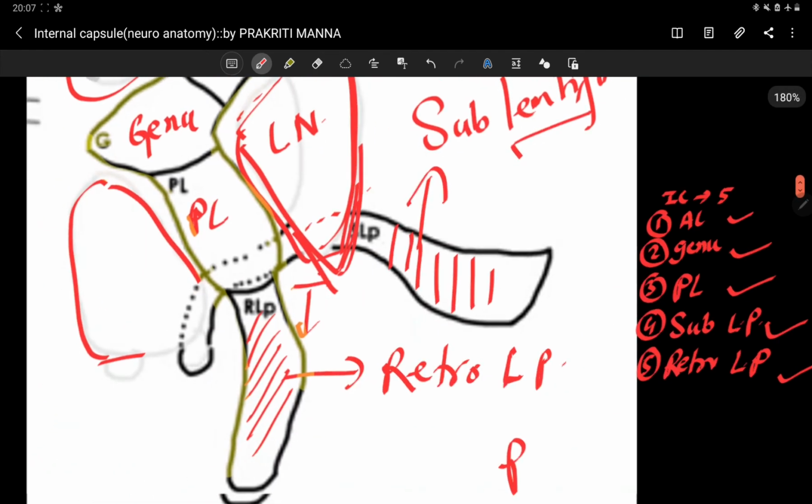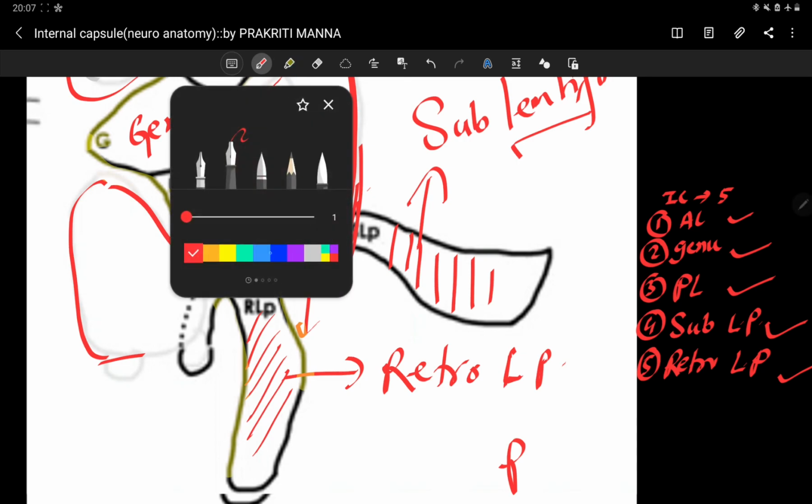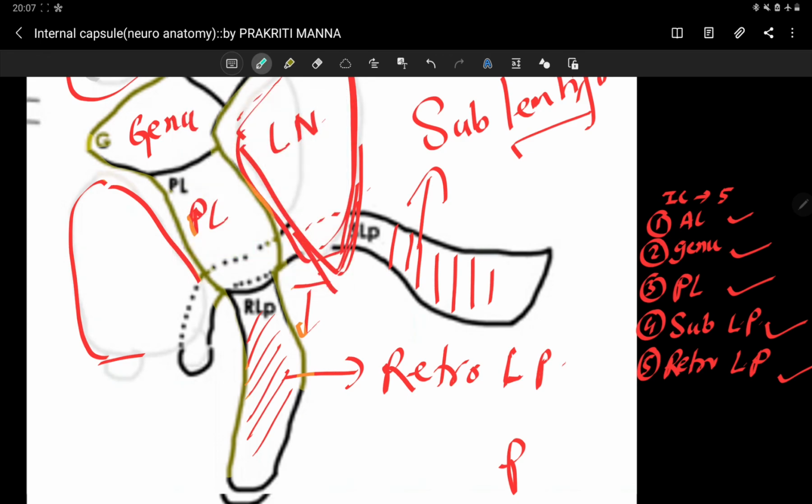You can see these things here. So the sublentiform part is below the lentiform nucleus, that's why it is called sublentiform part. And the retrolentiform part is behind the lentiform nucleus, that's why this is called your retrolentiform part. One important thing which I want to add here, I'll talk about these things later also.